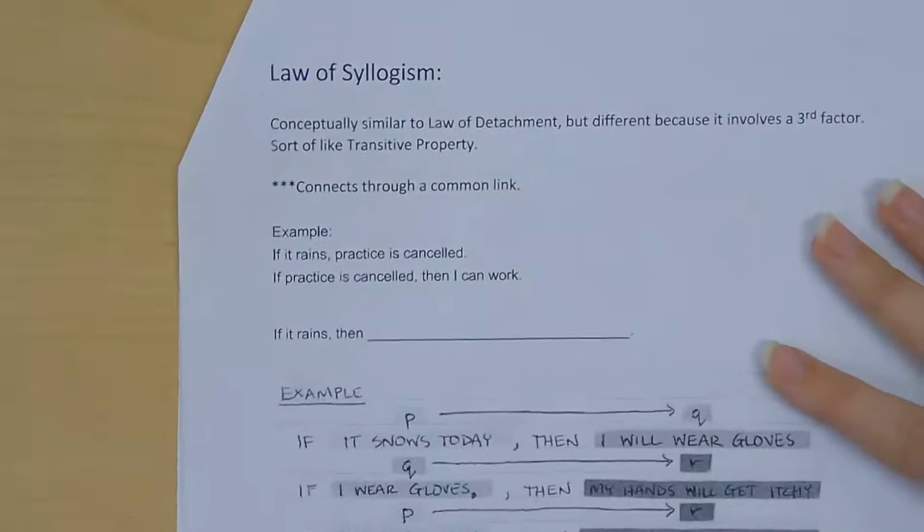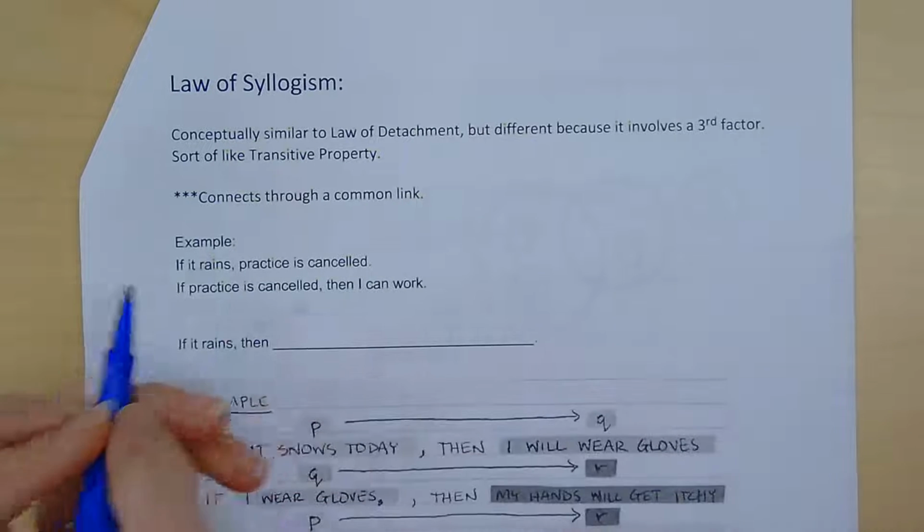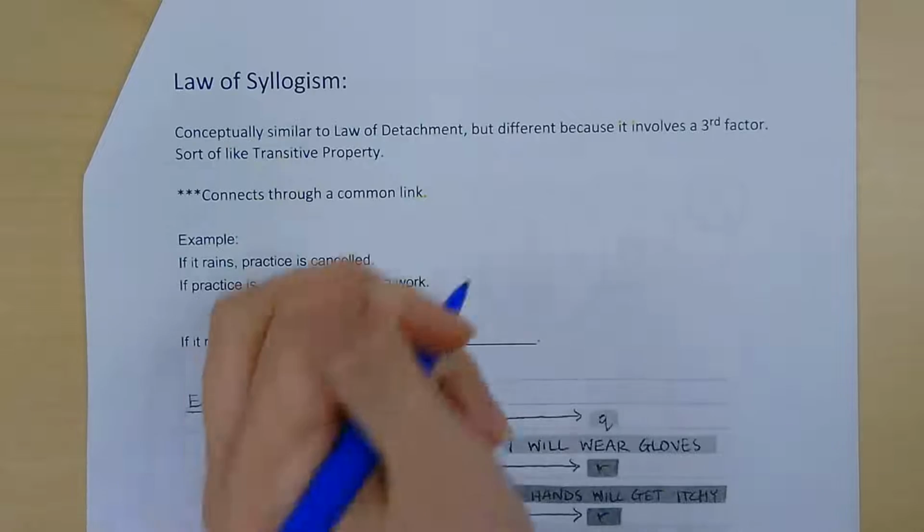The second law that we're looking at is the law of syllogism. All right. So this is similar to the law of detachment, but it's different because it involves a third factor. So we're not looking at just P and Q, but now we're going to have a common link between our hypothesis and conclusion. So for example, if it rains, then practice is canceled.